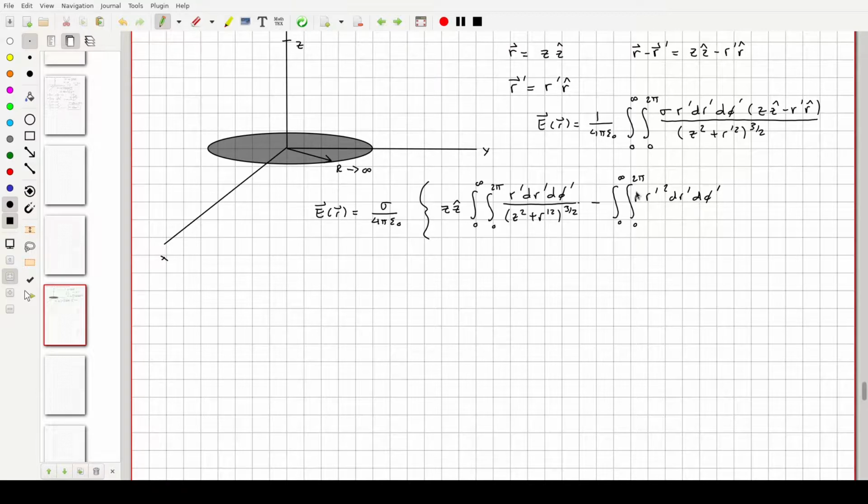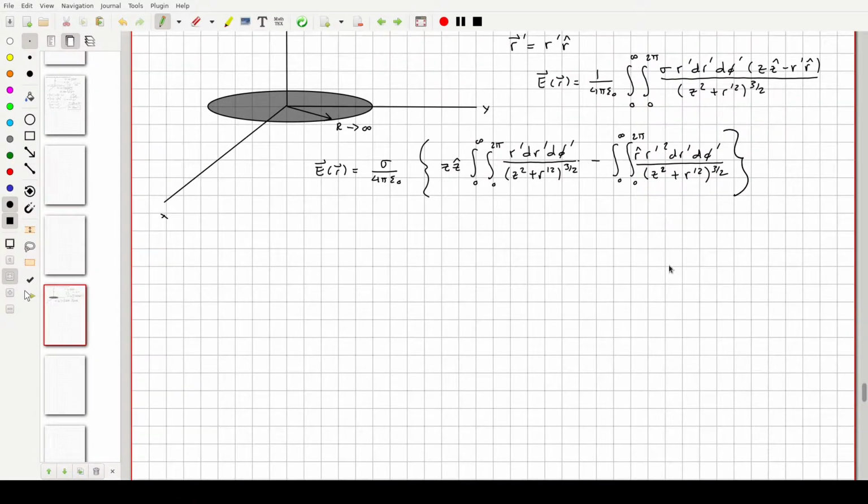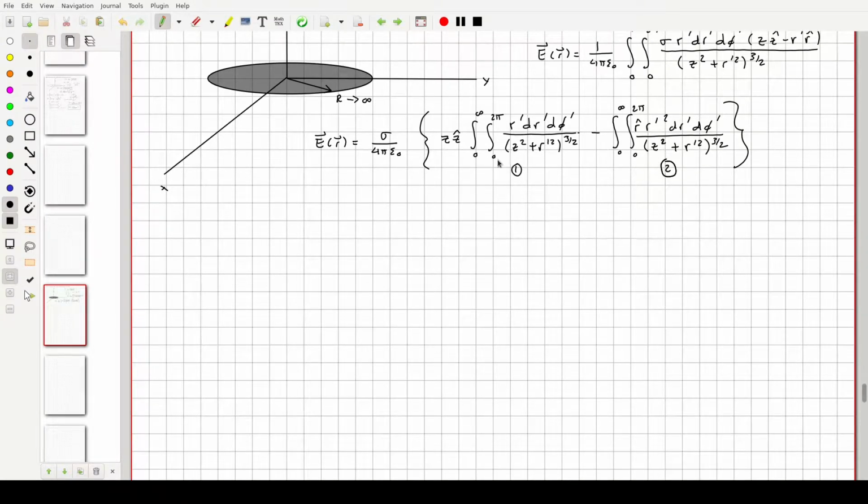There is an r hat here. I'm used to writing z prime from the previous examples. There we go. And these are the 2 integrals that we want to do. So here's number 1, and here's number 2. I'll do number 1 first. Number 1 is this right here.